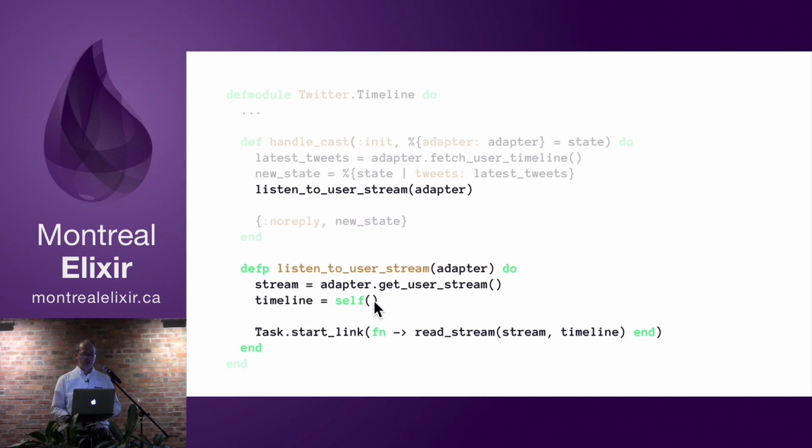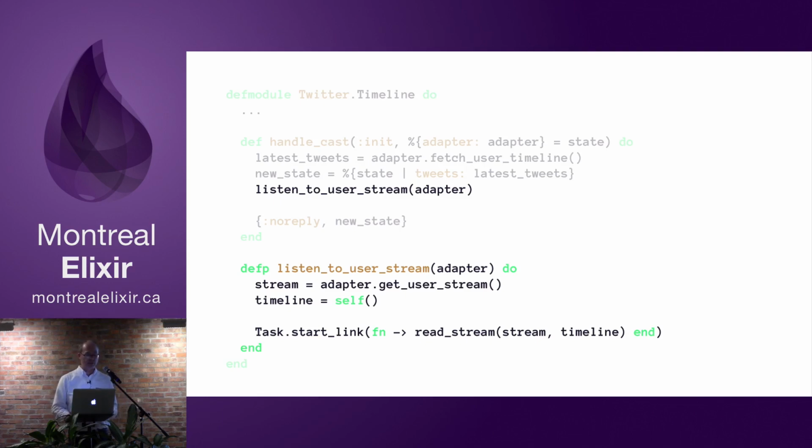And then the timeline is ourselves. And then, this is the tricky thing for someone new in Elixir, we're spawning a task, and the task will call this function. And the read stream function will receive the stream we just got from the adapter, and will also receive the timeline. So we're forking another process.